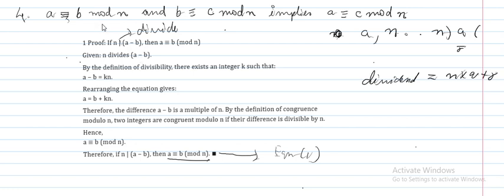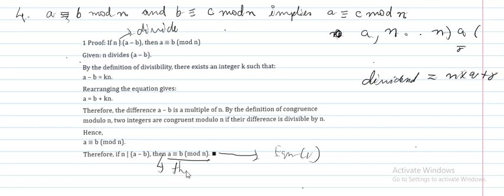For the proof of property 2, that is a mod n is congruent to b mod n. So from this, a is congruent to b mod n.